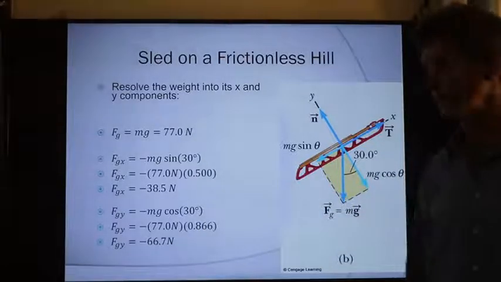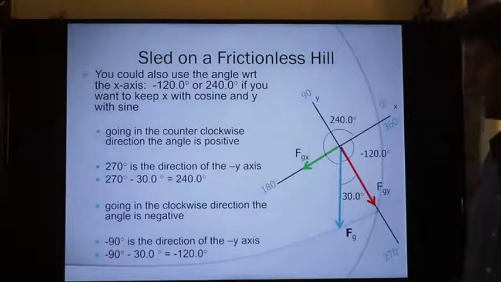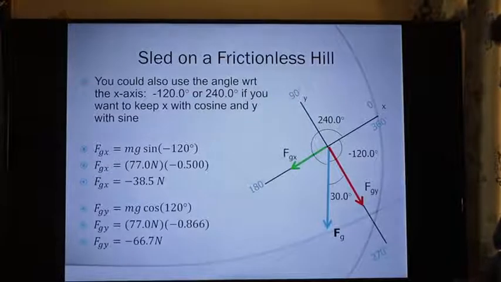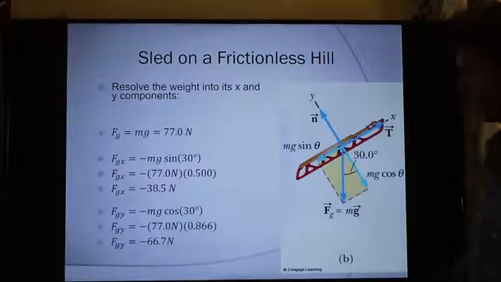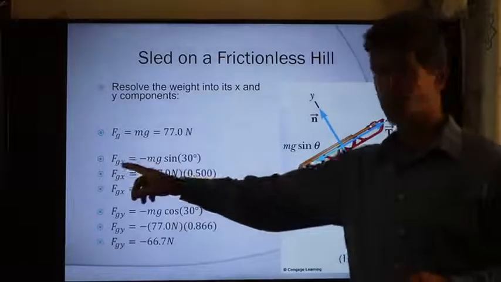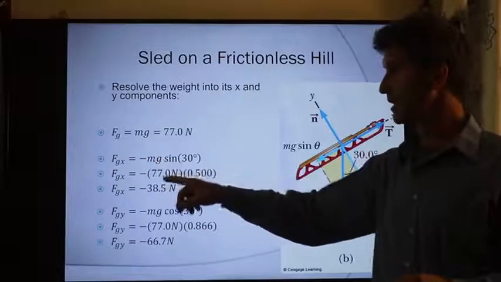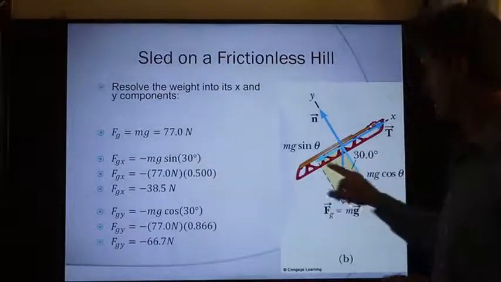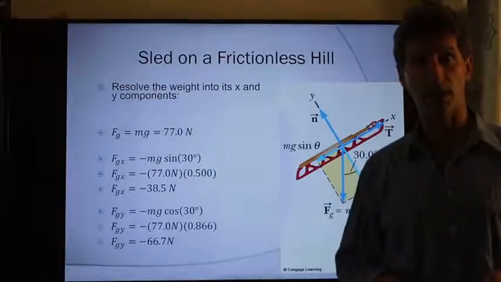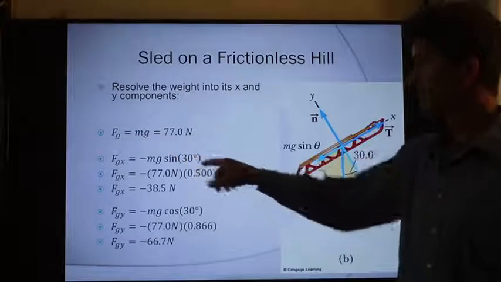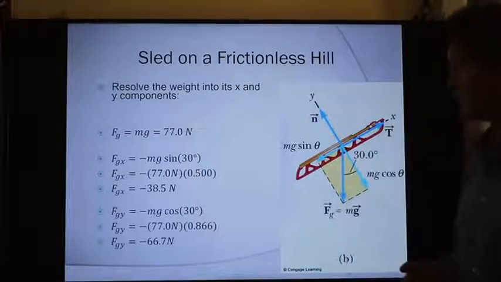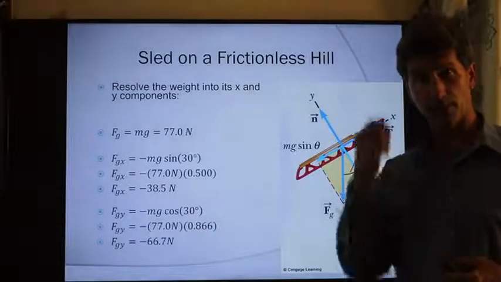It's probably easier to either use the full angle here or use 60 degrees instead. You're still going to get the same thing. So for the x direction, I can use the weight mg, which is 77 newtons, times cosine 60 degrees, which would be the complementary angle, or in this case sine 30 degrees. Again, this requires you to think a little bit about the trigonometry.